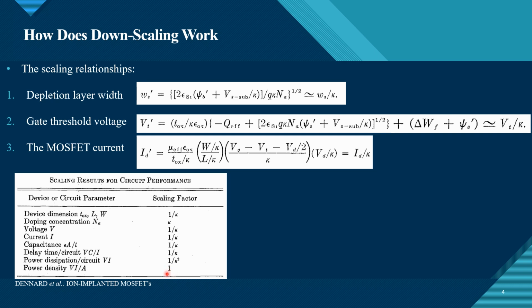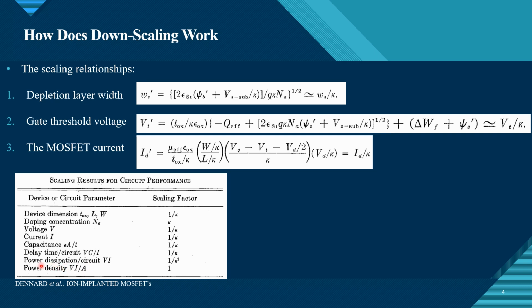The power density remains unchanged, and the power dissipation is reduced by factor K squared, which is very interesting because the power dissipation is a very important factor in chip design.